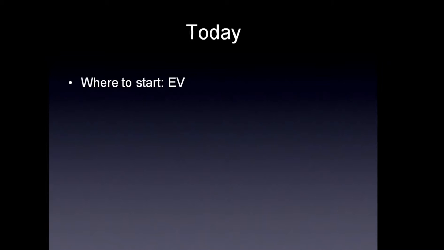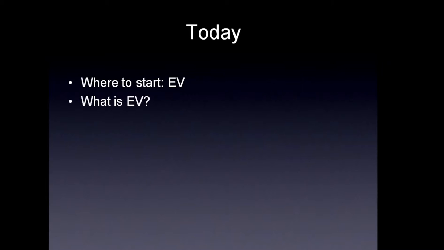So today, that where-to-start question is just constructing an EV table, because EV is the driving force behind poker. Just about every decision is a question of what is the highest expected value play in a given situation. So what is expected value?